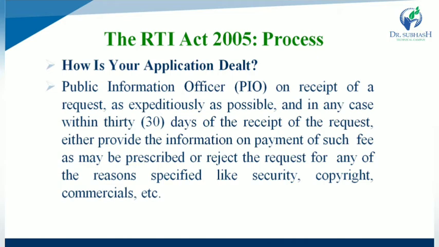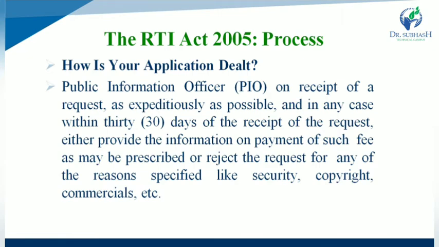So what is the role of the Public Information Officer? On receipt of a request, the Public Information Officer provides the information within 30 days, either on payment of such fees as may be prescribed, or they reject the application for any of the reasons, particularly like a security issue, a copyright issue, or a commercial issue.